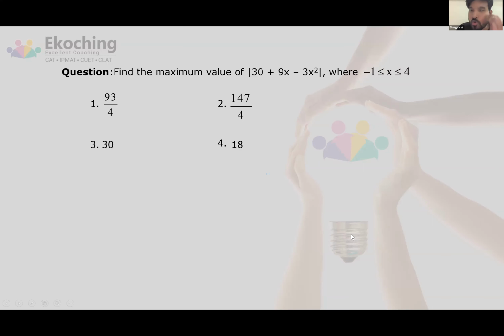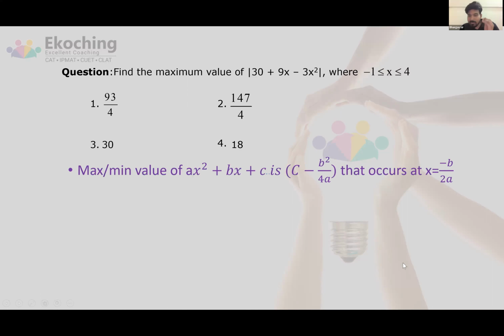First, I'll show you how to solve this question traditionally. Look here. We just revised that the maximum and minimum value of a quadratic equation is always found by the formula c minus b square by 4a.